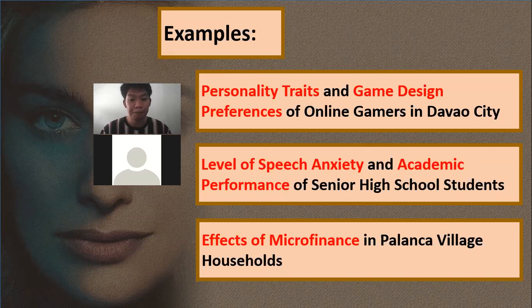This study is going to measure if the microfinance has significant effects on the specific dimensions of the households in Palangka village. So with this example, you need to specify which dimensions or indicators show that microfinance has an effect or doesn't have an effect.